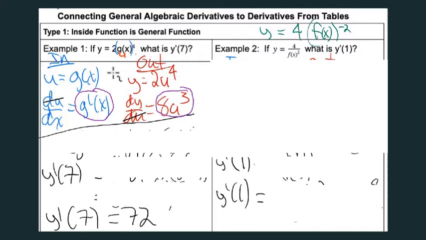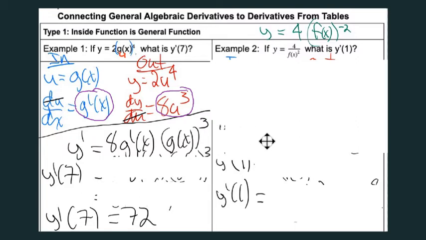U is g of x. Okay, u is g of x, so let's work through that. So we're just getting our general derivative here, y prime. So I've got the 8, g prime of x right here, and then it better be u cubed, right? And in fact it is. It's u cubed. So g of x is u cubed.